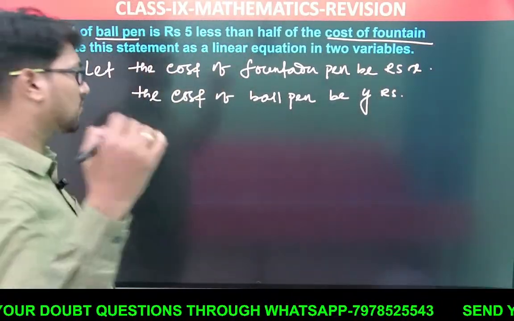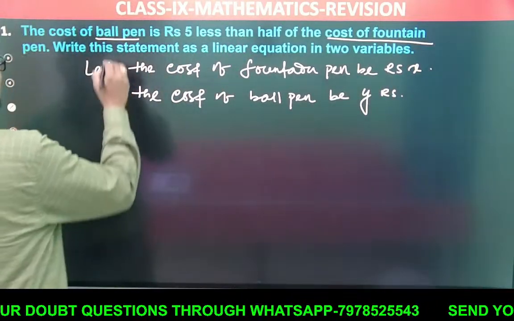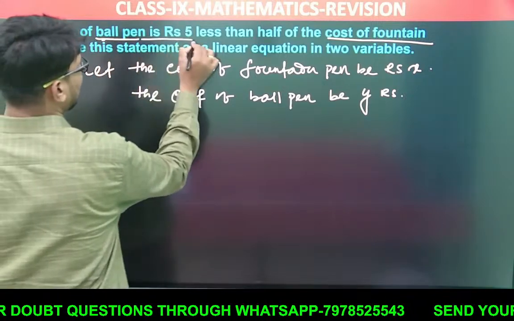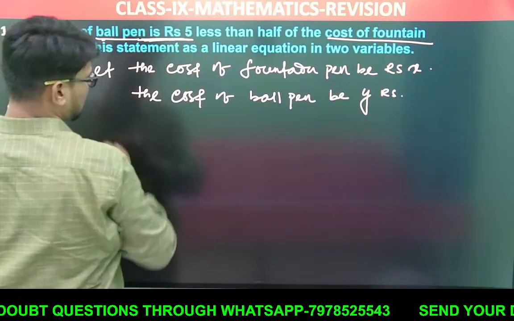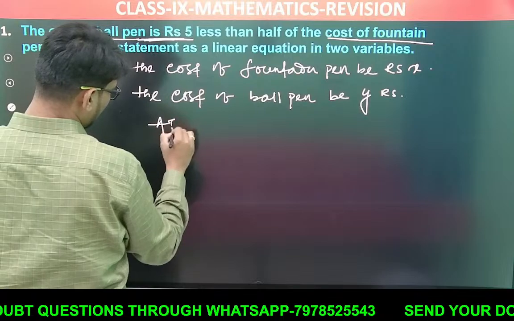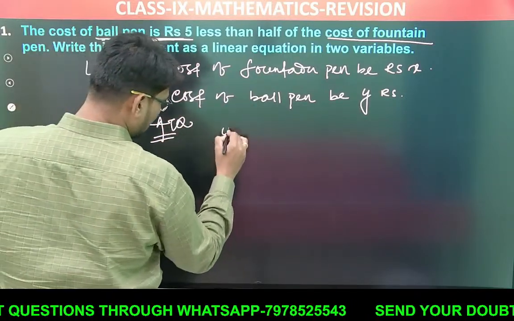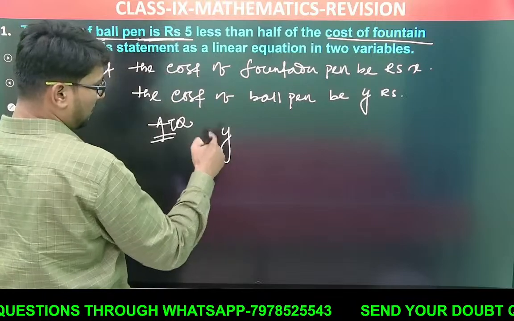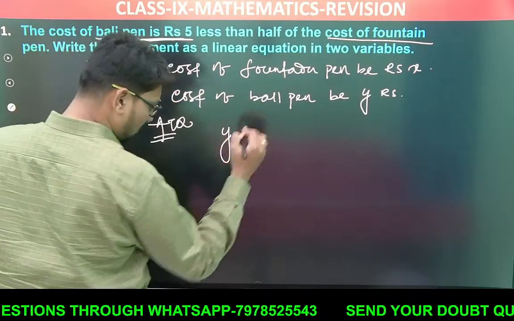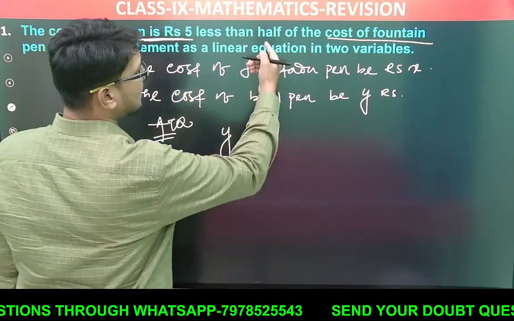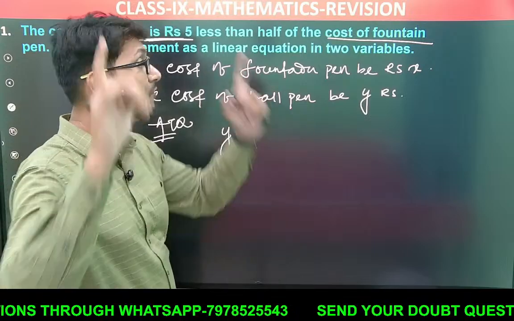Now, according to the question, dear student, the ball pen is 5 rupees less. According to the question, we can write the cost of the ball pen, which we have assumed Y, equals 5 rupees less than half of the cost of the fountain pen.